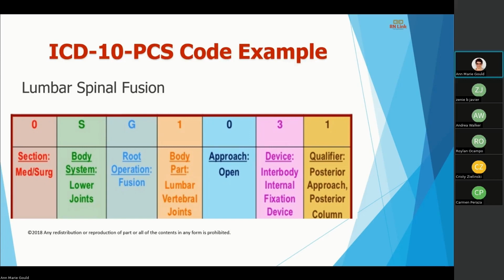Character approach is open, so it'd be a 0. Your device, interbody internal fixation device, is 3. And then qualifier, what approach they used. Is it posterior approach, posterior column? So that just gives you a little snippet idea of what the procedure code would look like.